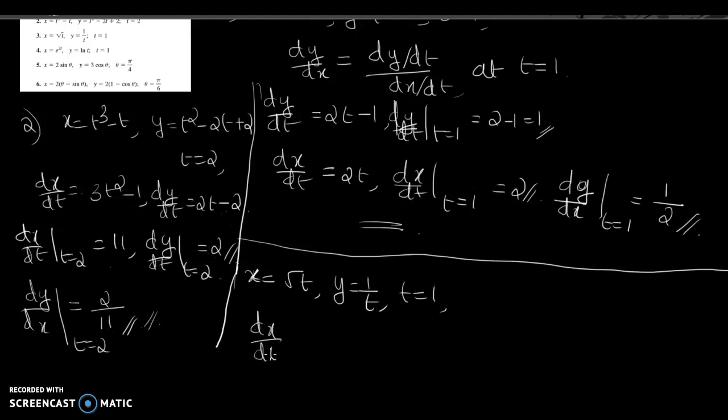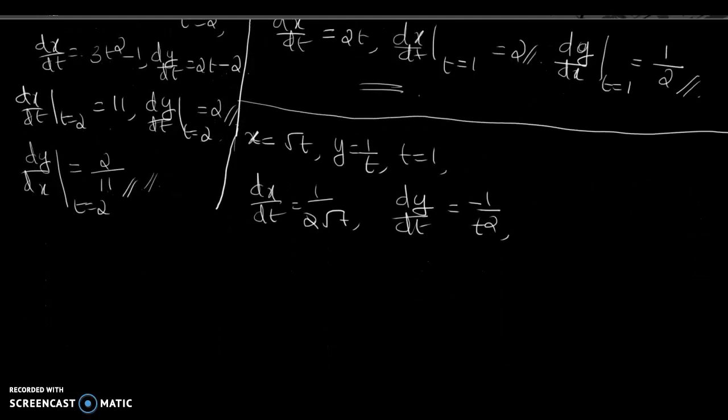Then dx by dt equals 1 by 2 root t, and dy by dt equals minus 1 by t squared. Evaluating at t equal to 1, dx by dt is 1 by 2, and dy by dt is minus 1.